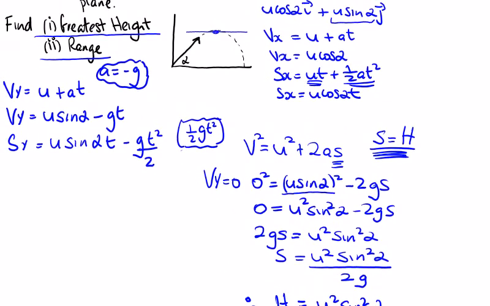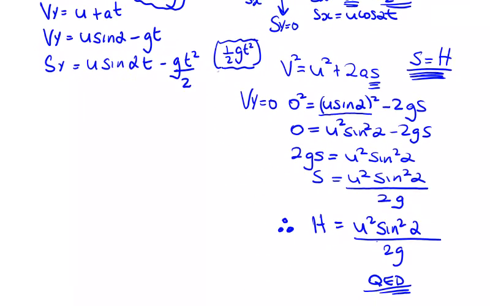So to find the range, we need obviously the time taken to get here. This is my s of x. So let's find the time taken when at this point from before, you know that the displacement in y is 0. So here's my displacement in y. So I'm just going to write it out again. Now I could bring the minus across immediately and multiply across by 2, and you could definitely speed it up.